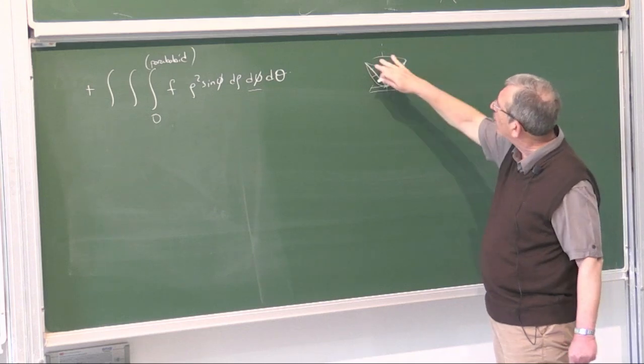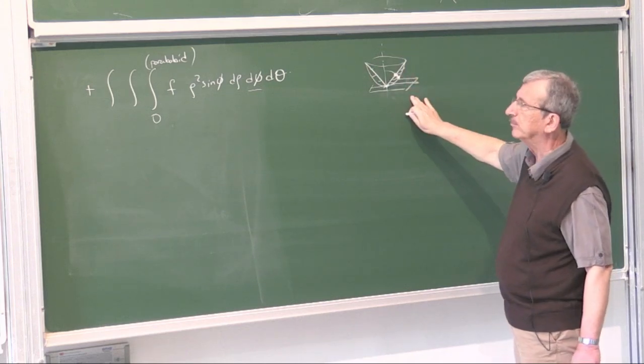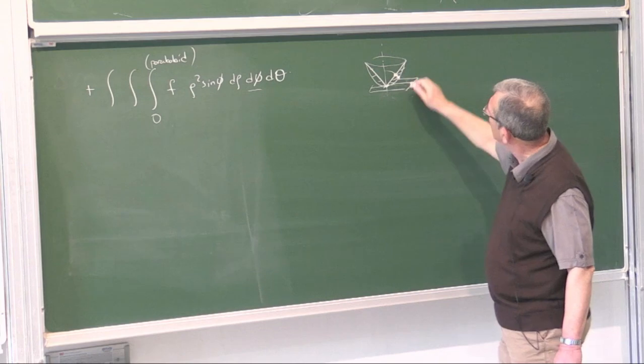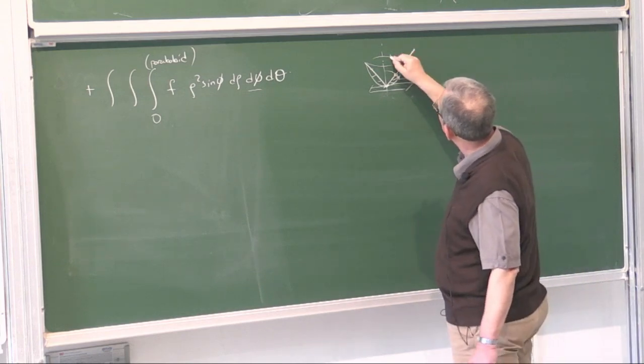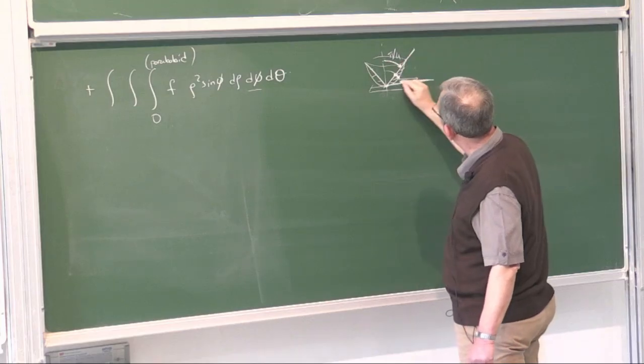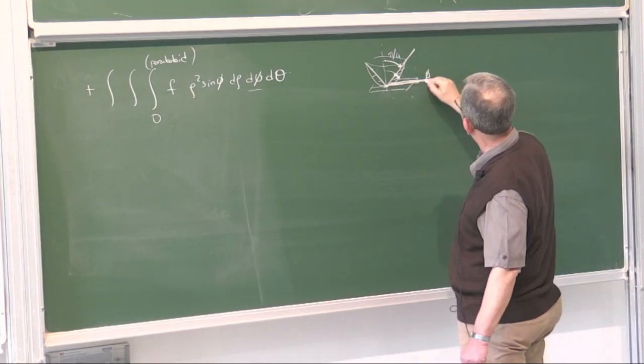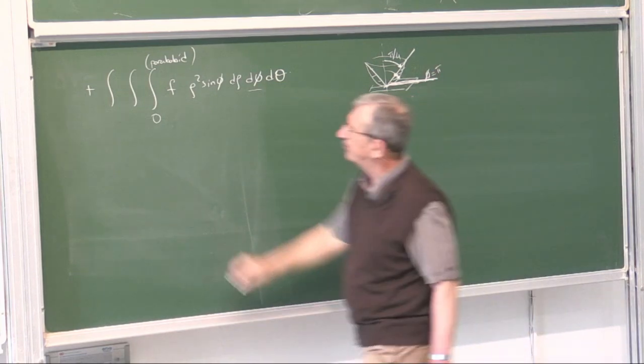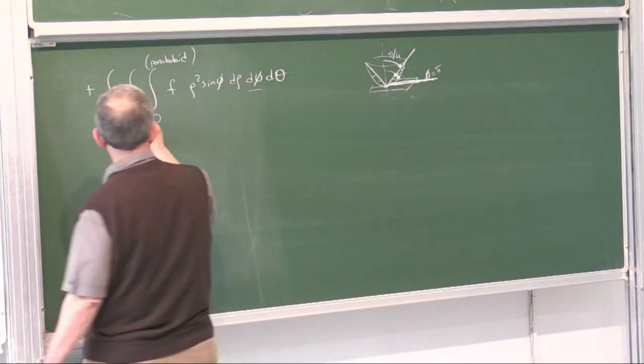So it goes up to pi over 2. In short, it starts from pi over 4 and leaves at pi over 2.